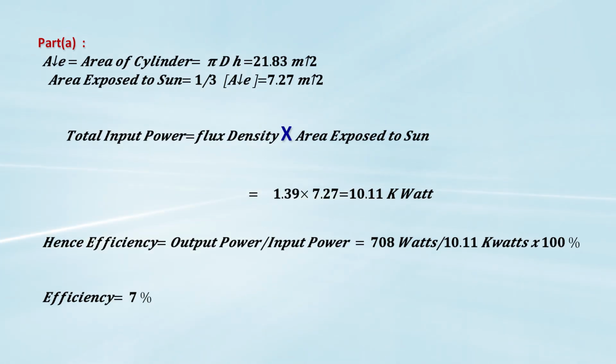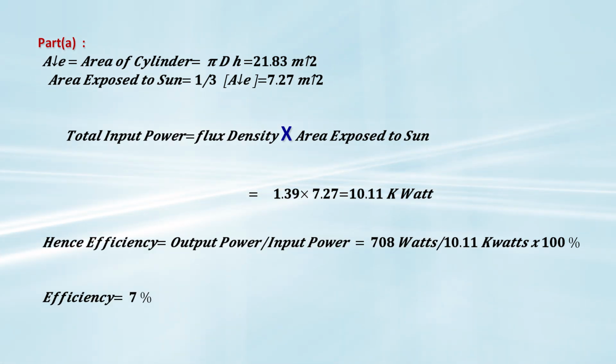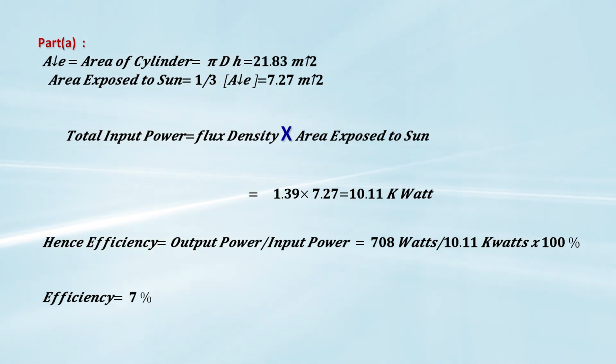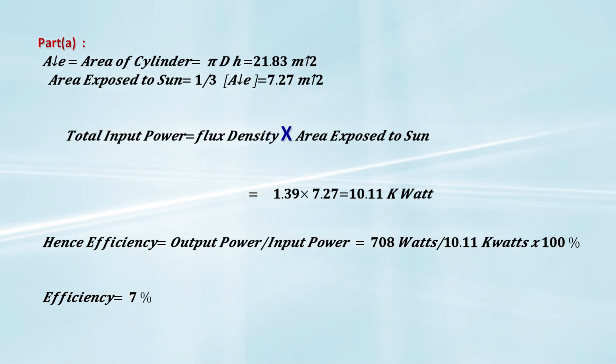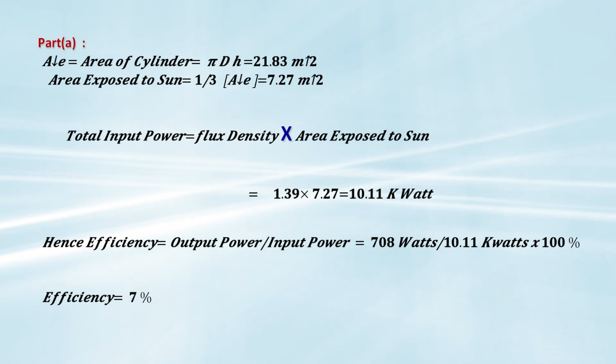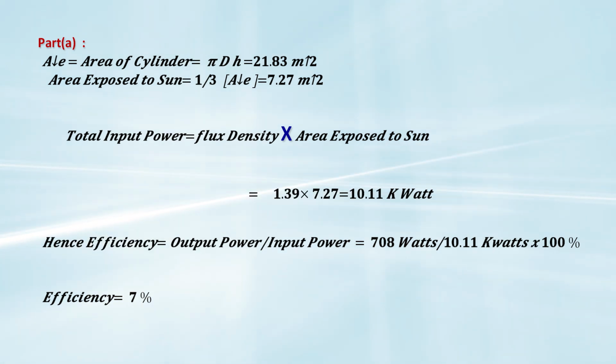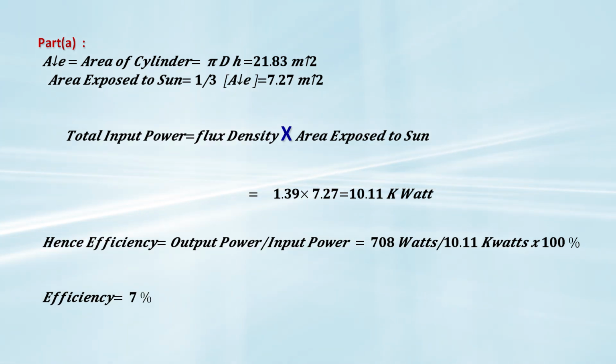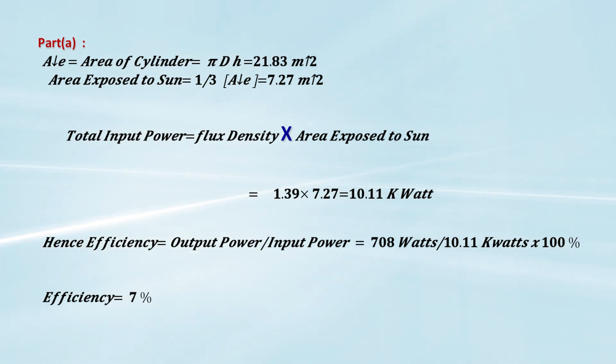So, let us begin. First, we will find out the area of the cylinder, right. The formula to calculate the area of a cylinder is pi d h, where pi is the standard constant, d is the diameter of the drum and h is the height of the drum. D and h are given, so we can fill them in directly. Then for a cylindrical satellite, the area exposed to the sun is 1/3 of the total area.